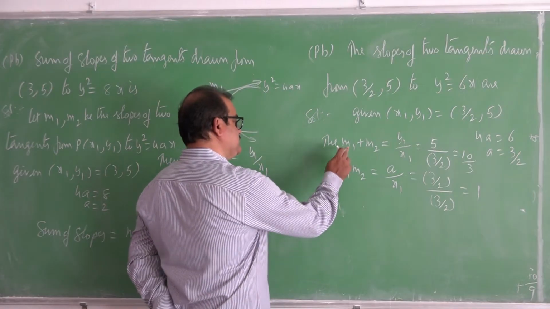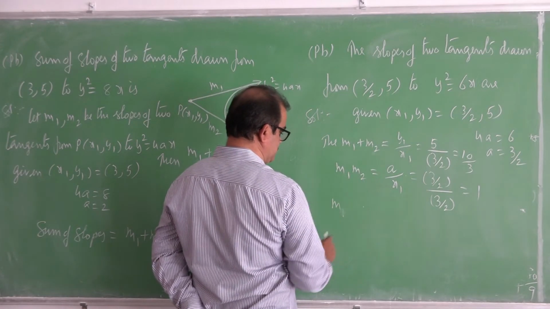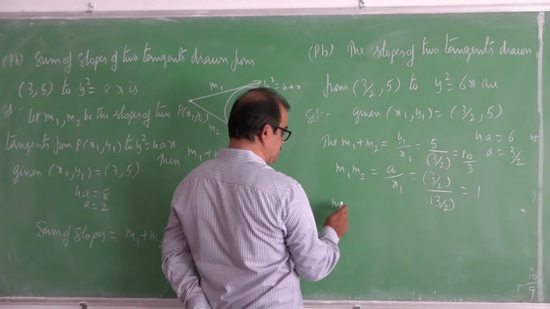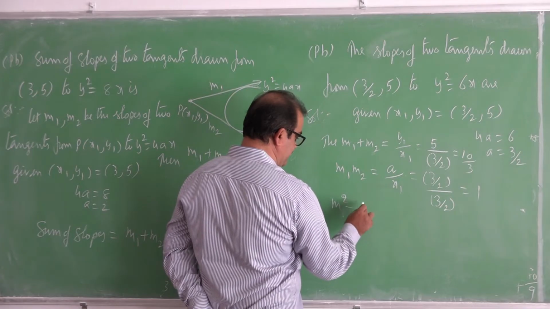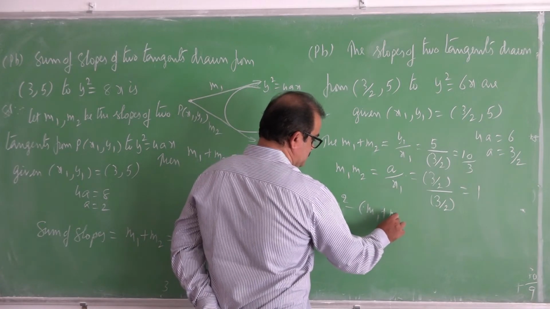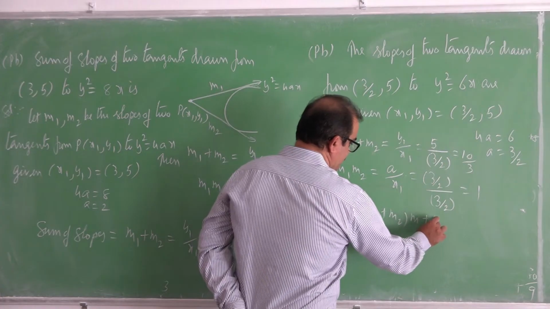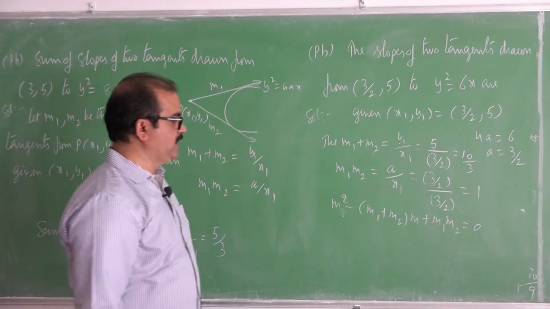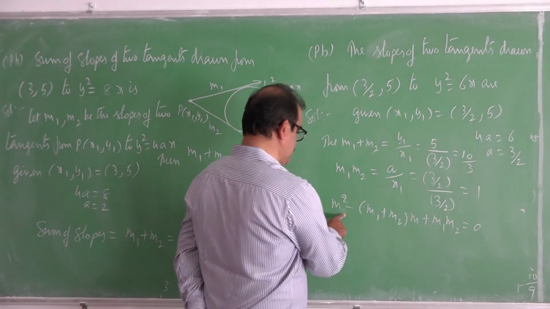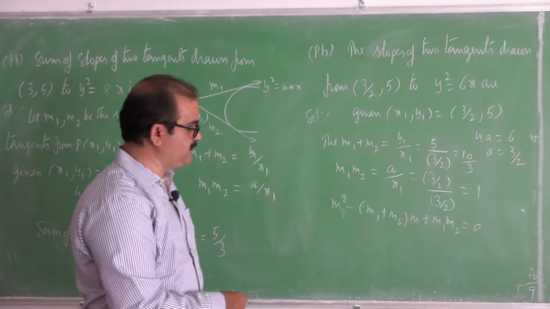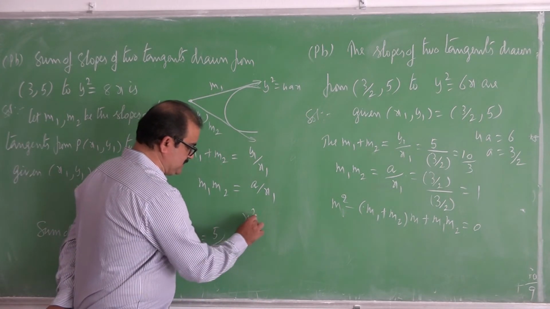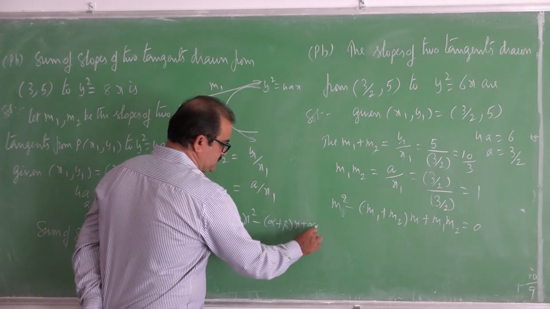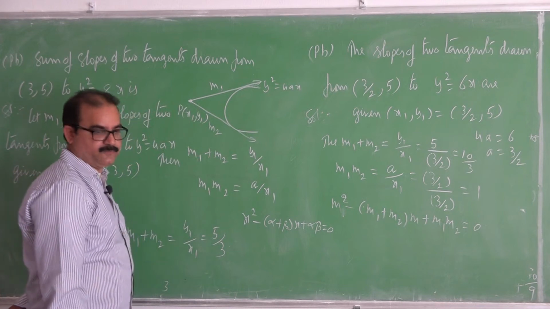Now, this is the sum of the slopes and this is the product of the slopes. Then what is the quadratic equation having m1 and m2 as roots? m square minus sum of the roots into m plus product of the roots is equal to 0. We already know if alpha, beta are the roots of an equation, then that equation is in the form of x square minus sum of the roots into x plus product of the roots is equal to 0.